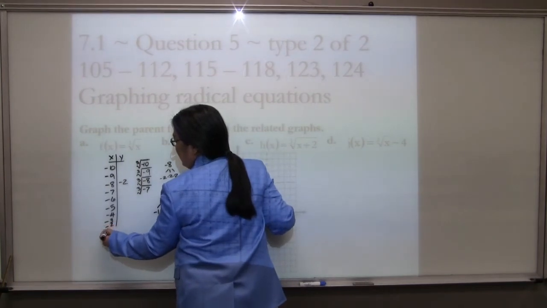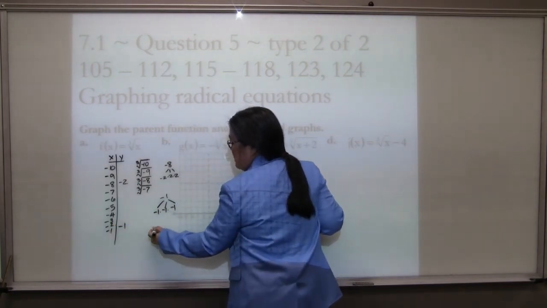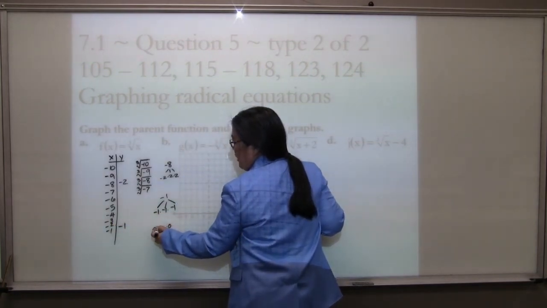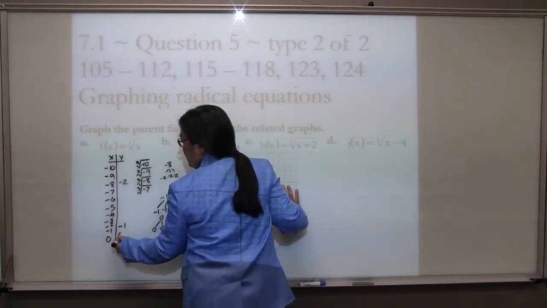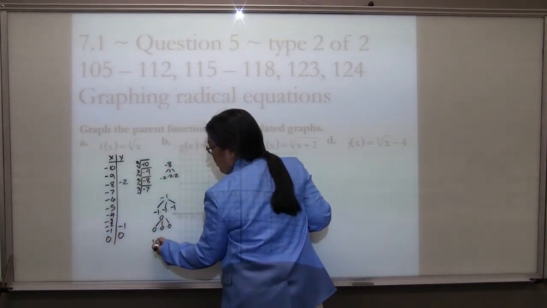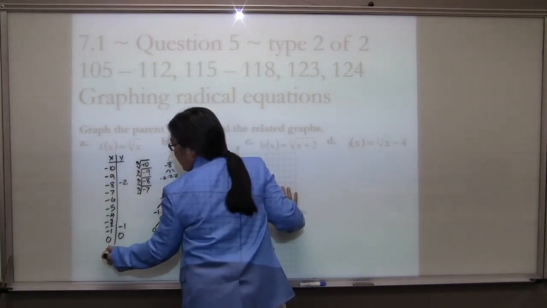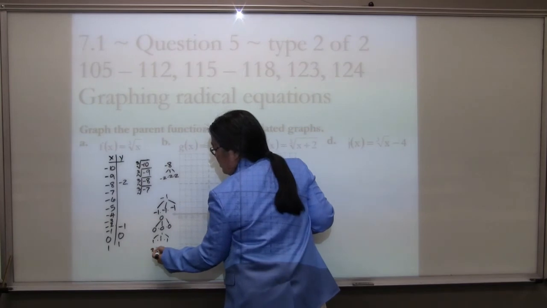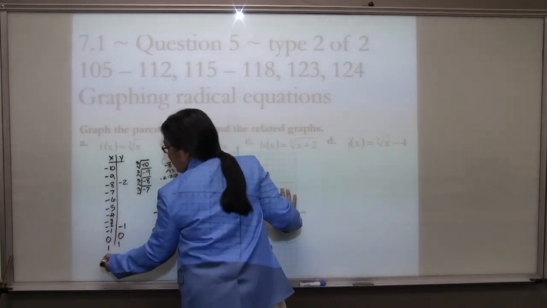Then the next one will be 0, 0, and 0, which will give you 0. Oh, neat. 0 will give you 0, and then 1, 1, and 1 will give you 1. And then 2, 2, and 2 will give you 8. Hey!